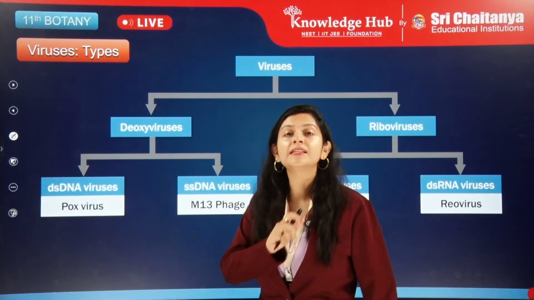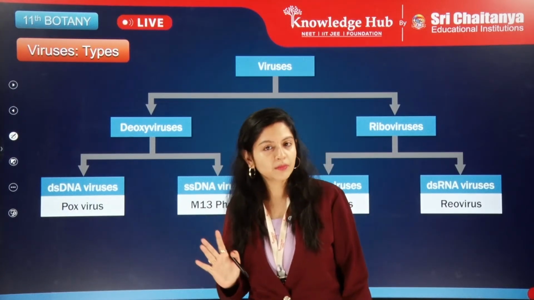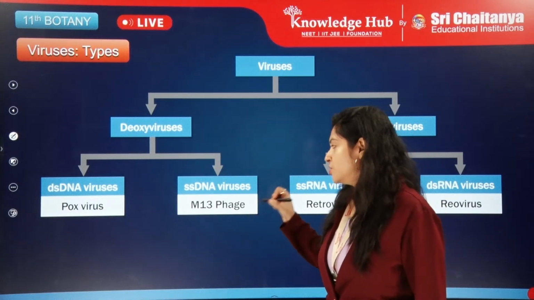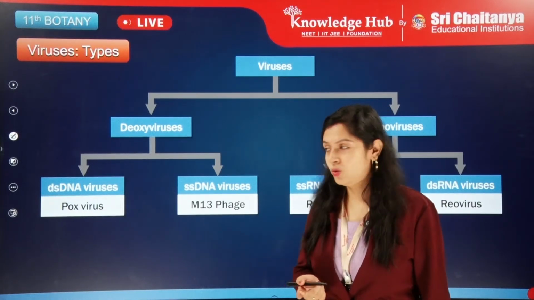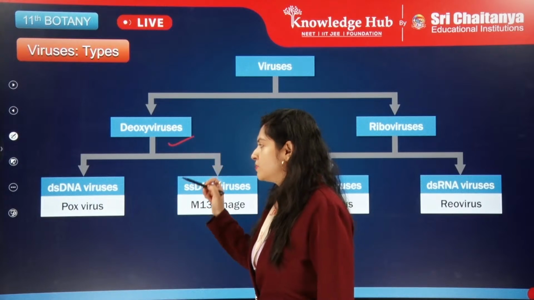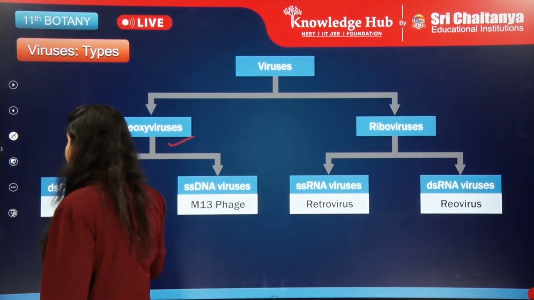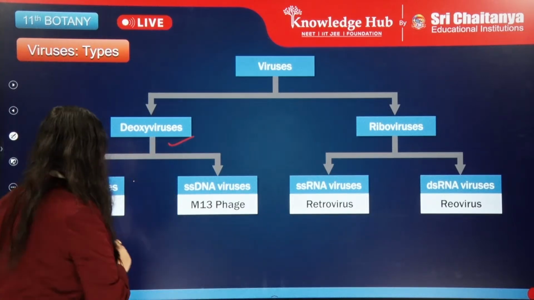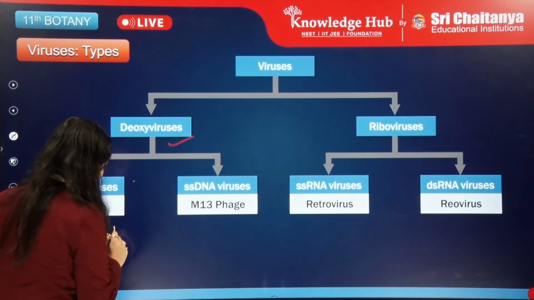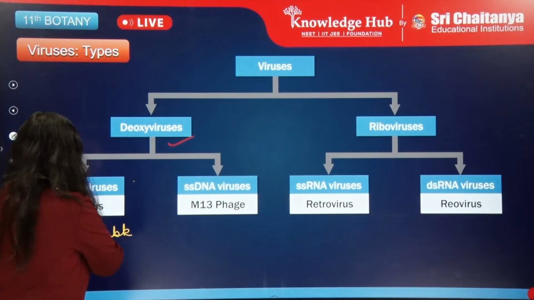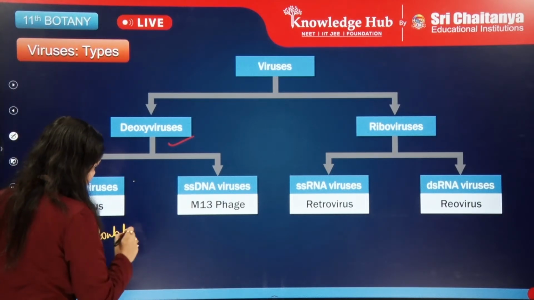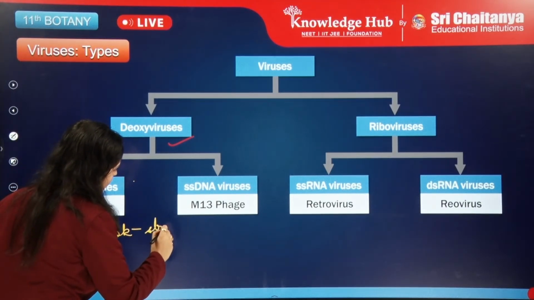The next is single-stranded DNA, which is the M13 phage. So DNA viruses are further divided into 2 types, dsDNA and ssDNA. ds means double-stranded, ss means single-stranded. Shall I write? I think it will be better. ds, double-stranded.